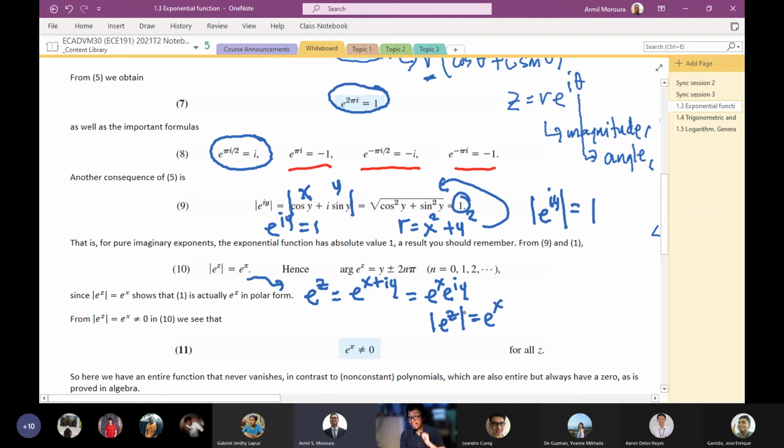Dahil nga, again, ito at saka yung form ng r e raised to i theta, kung i-compare nyo to dito, itong factor na to is similar to this factor, so therefore lalabas r equals e raised to x. Again, what is r? R is the magnitude of this number. Okay, is that clear?